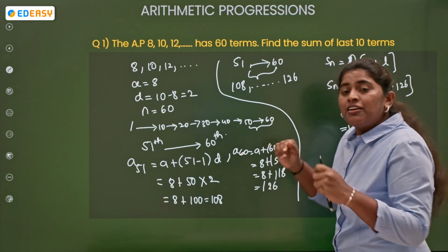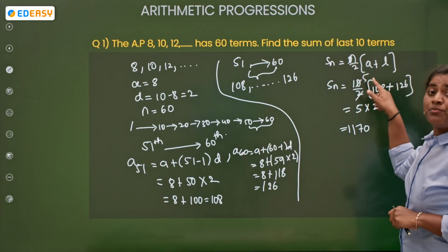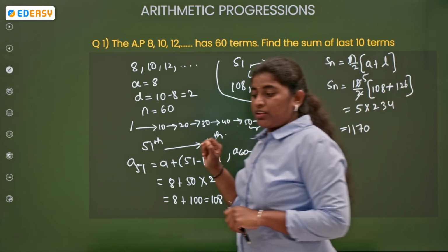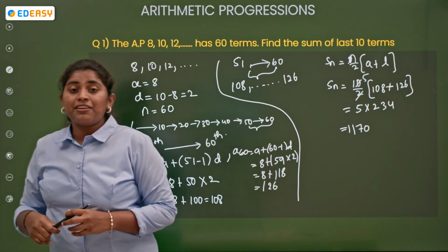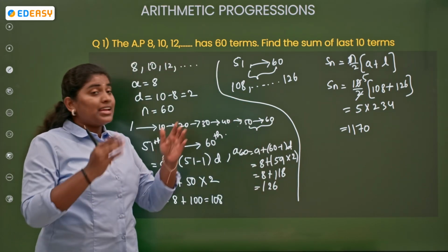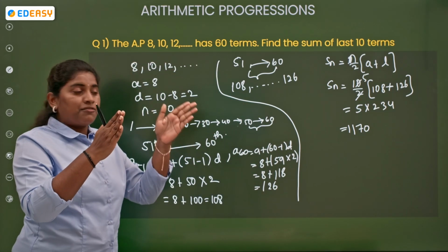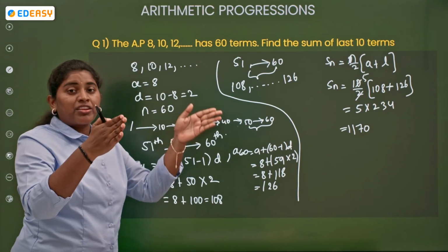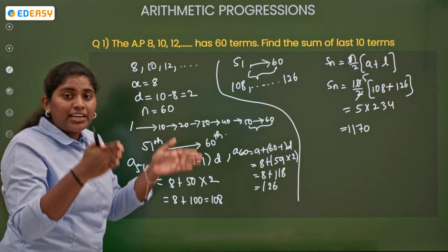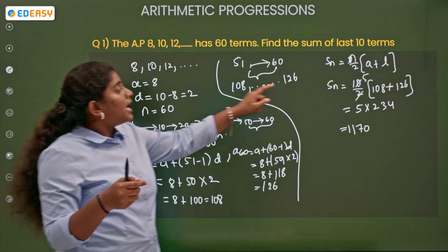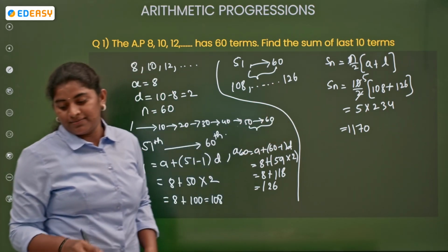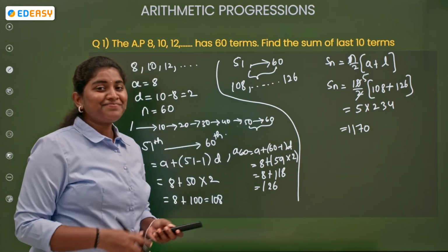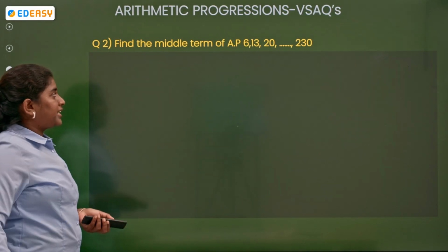Only 10 terms. For that reason, the n value will become 10. I am taking the sum of terms from 51 to 60, which has 10 terms, so for that reason I am taking the n value as 10. Nice doubt. Okay, now let's move to the next.